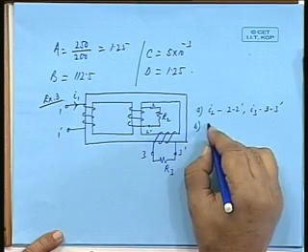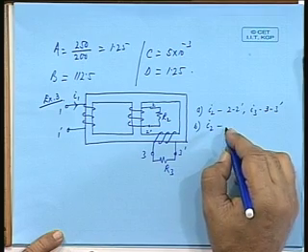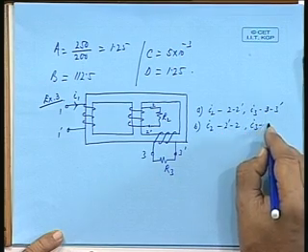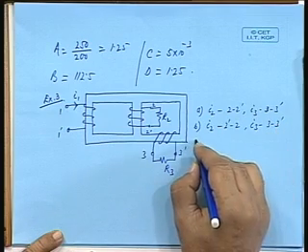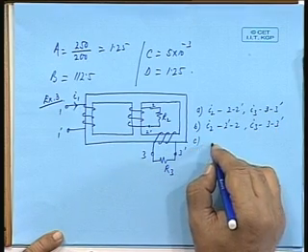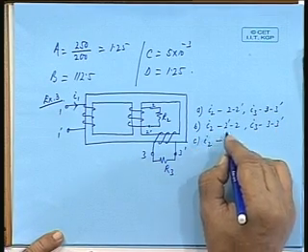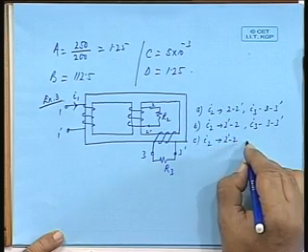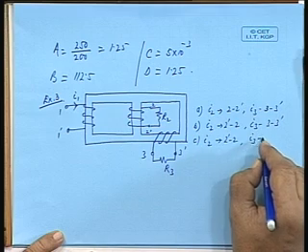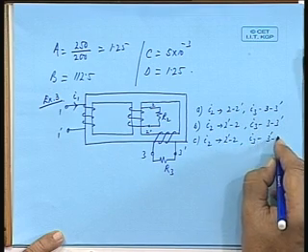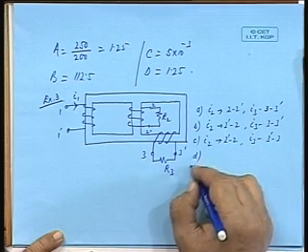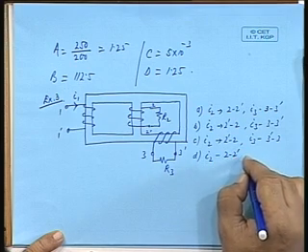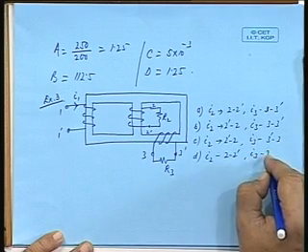B, I2 is 2 dashed to 2 and I3 is 3 to 3 dashed. C, I2 is 2 dashed to 2 and I3 is 3 dashed to 3. The fourth possibility is I2 is 2 to 2 dashed and I3 is 3 dashed to 3.